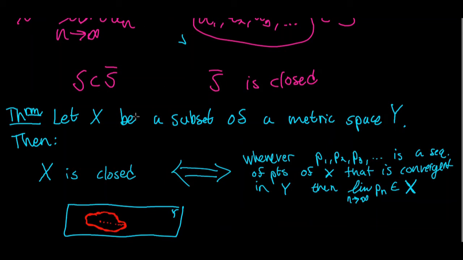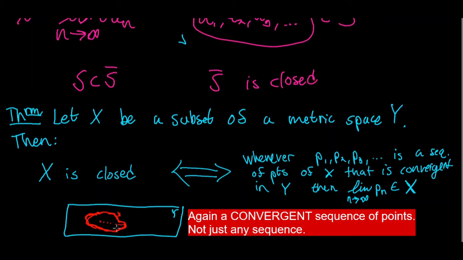So this is X right here, just to be clear. So this is our closed set. And if I have a sequence of points in that closed set, any sequence of points that I take in that closed set, the limit of that sequence must be in that closed set. So check out what I have here.